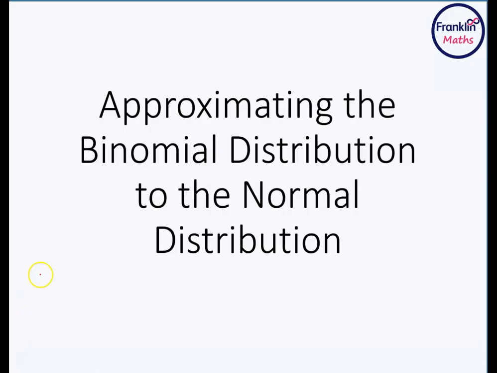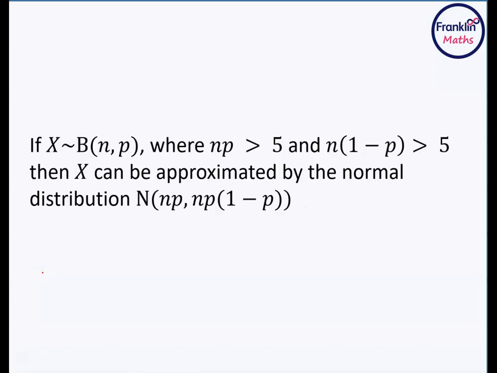Okay, so let's have a quick look at the conditions. If we've got a binomial distribution, and remember from your first year, n in this case is the number of trials. P in this case is the probability of success, or whatever you're trying to achieve.